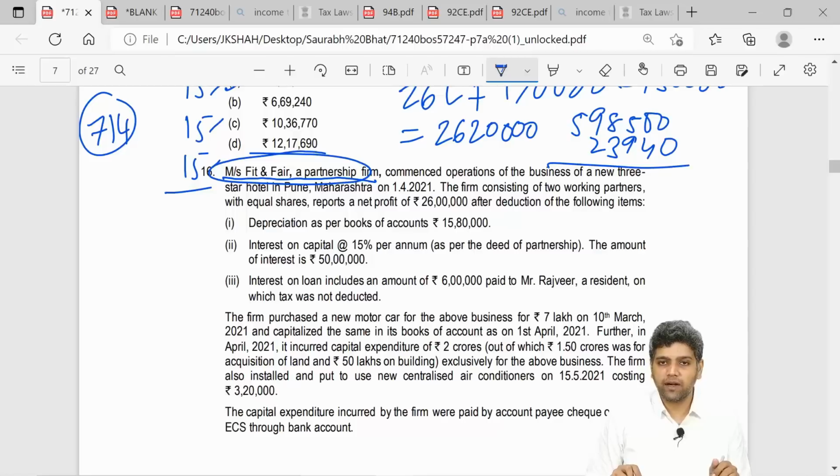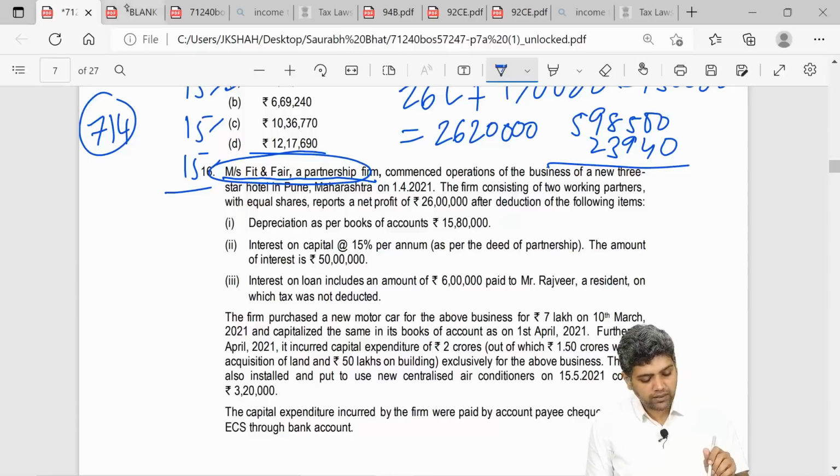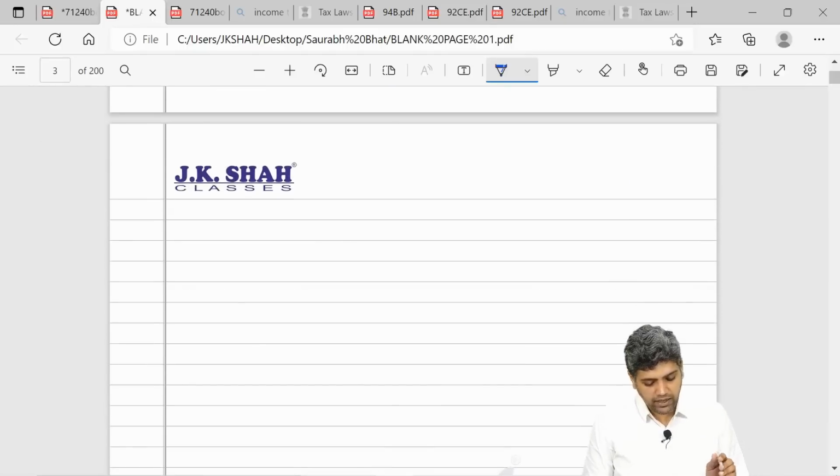Here the assessee is a partnership firm and therefore provision of AMT shall apply. So what I will do is, I will compute the tax liability under normal provision as well as under AMT and thereafter compare whichever is higher, that would be the final tax liability.